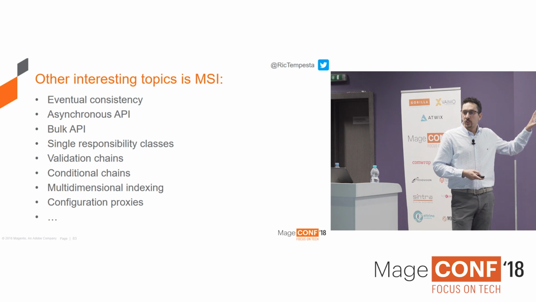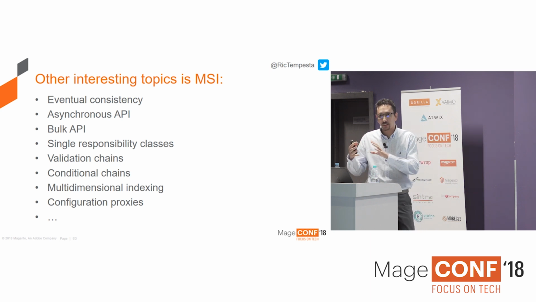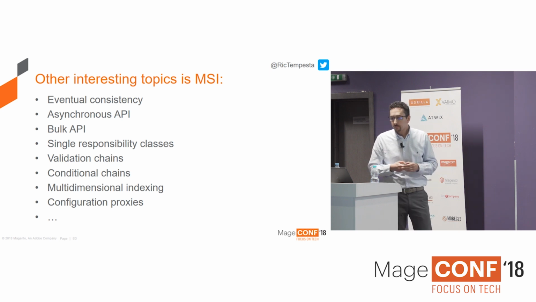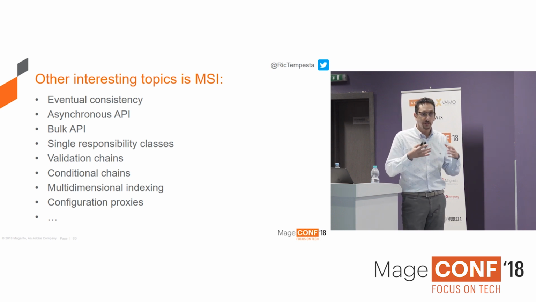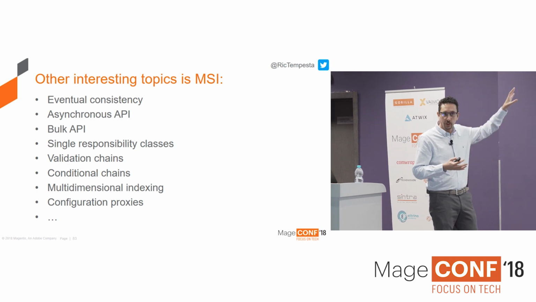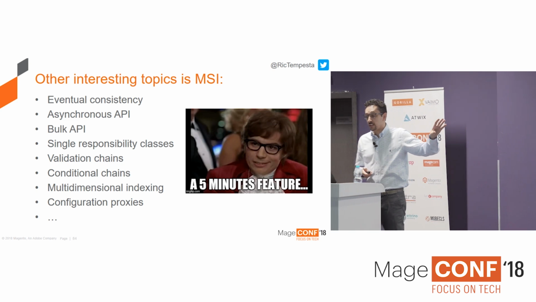It's another community project, and we had the opportunity to take the experience of this project inside the MSI. So basically from 2 projects, we had a real feature in the MSI, and it was very interesting. We had validation chain, conditional chain, multidimensional indexing, configuration proxies, a lot of them actually. You could create a speech for each of them. It's amazing. And this was just a 5-minute feature.